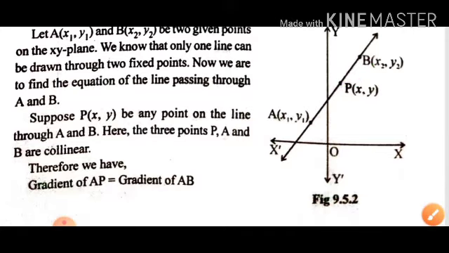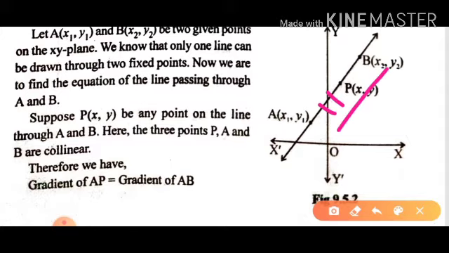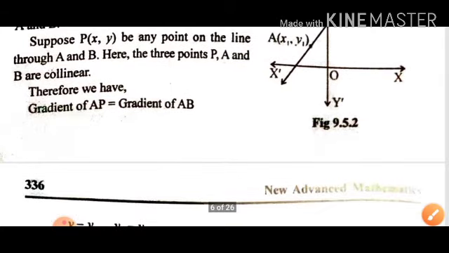The gradients of AP, PB and AB will be the same, so we take AP and the entire AB. The gradient of AP will be equal to the gradient of AB.